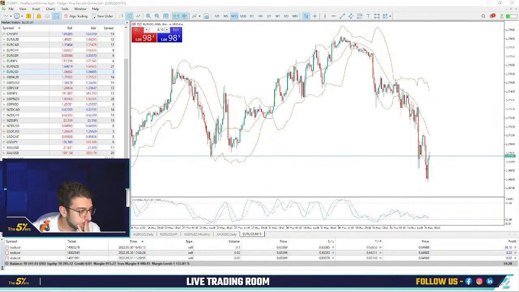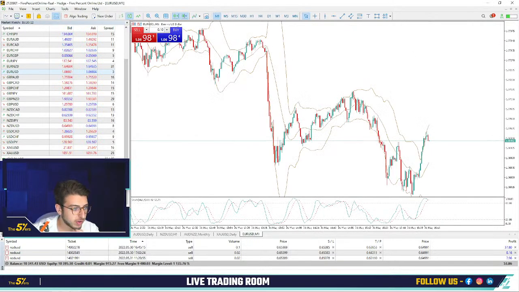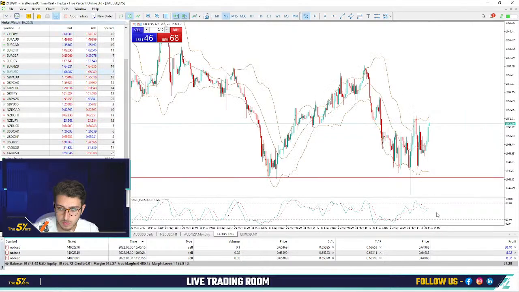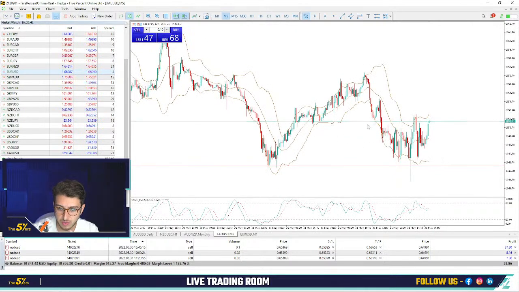Let's check. I'm checking the dollar index as well to have a bigger picture of what's happening here. Yeah, this is quite nice, this consolidation here as well, especially at the average.